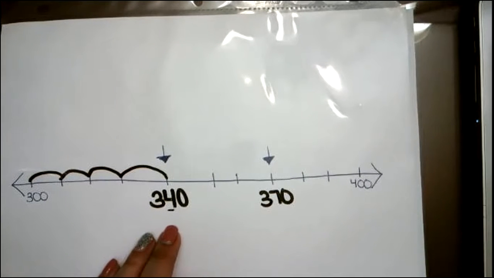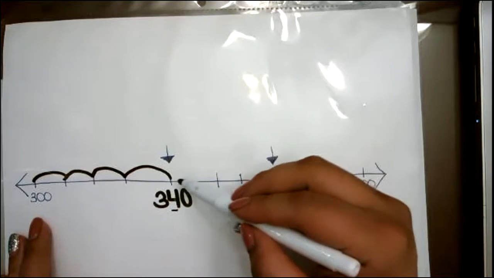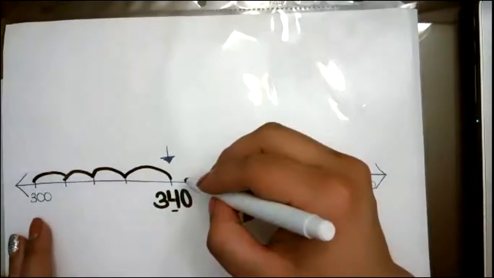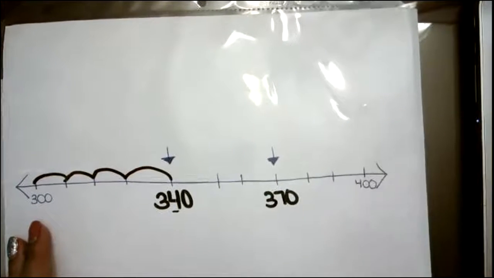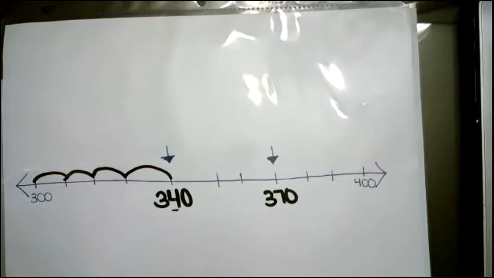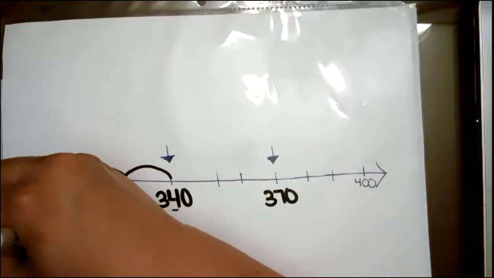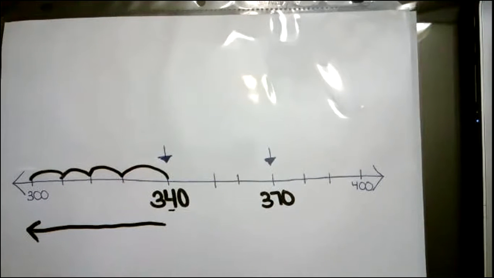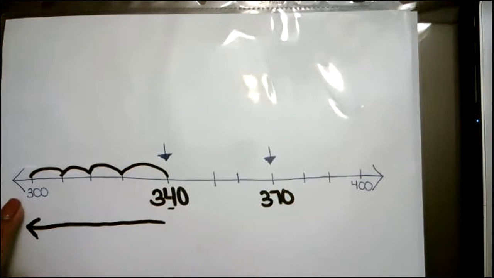So it takes 4 hops to get to 300. Now let's see how much it takes to get to 400. So we have 1, 2, 3, 4, 5, 6. So it would have taken 6 hops to get to 400. So we know that we're rounding to 300. So we're going to draw an arrow going towards the 300 because 340 rounded to the nearest 100 is 300.